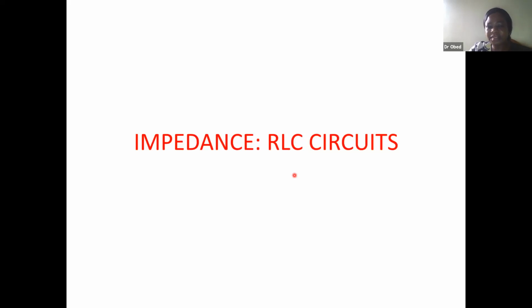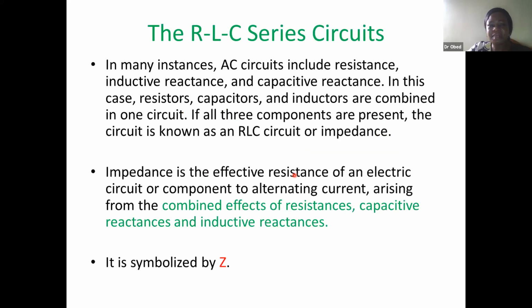So, impedance: the RLC series circuits. In many instances, alternating current circuits include resistance, inductive reactance, and capacitive reactance. In this case, resistors, capacitors, and inductors are combined in one circuit.